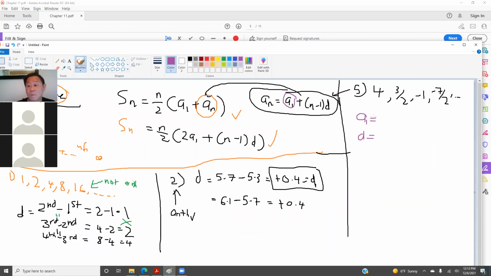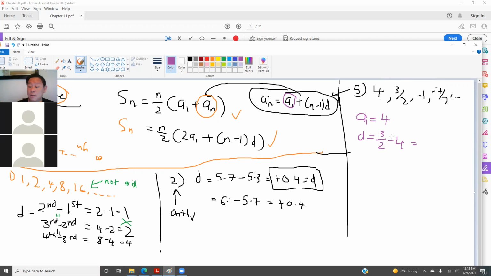Term 1, the first term. So can you tell me what is the first term in this sequence? That'll be 4. Yep, so A1 is the first term, 4. D is the same thing we just did. You just need to take the second term minus the first term. So D in this case will be 3/2 minus 4. Always take the second term minus the first, or the third term minus the second, it doesn't matter.